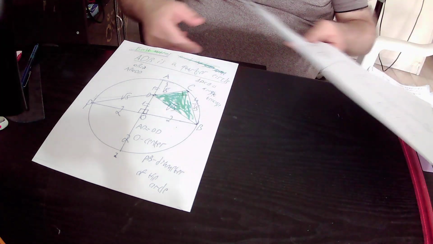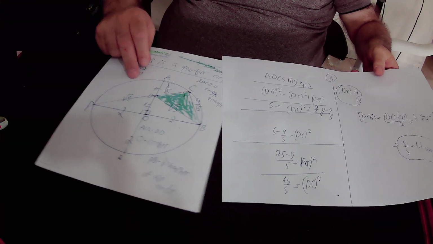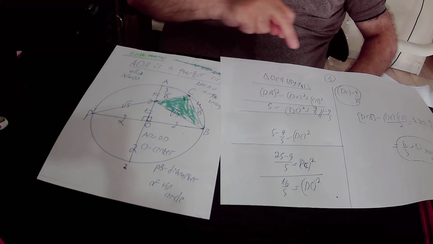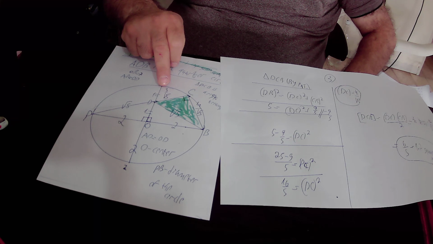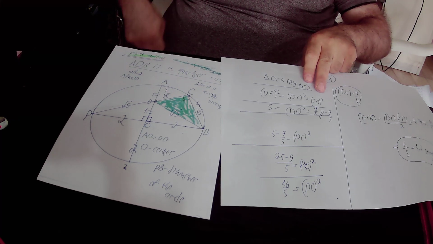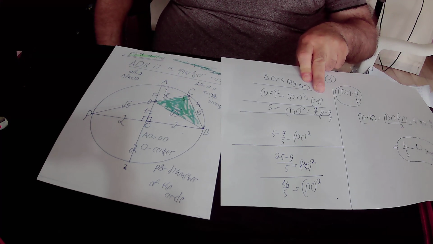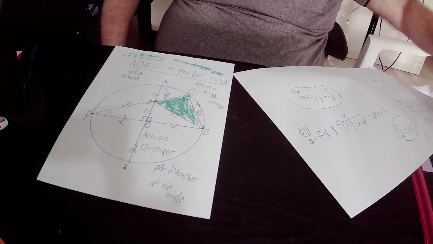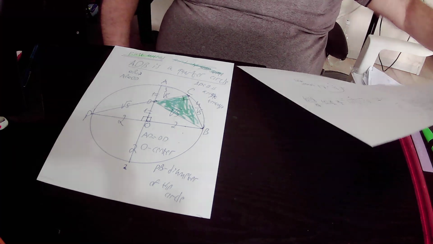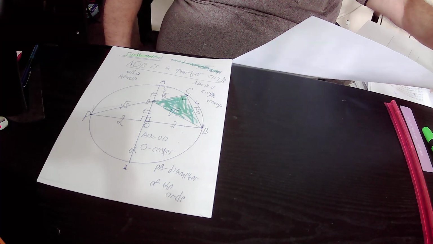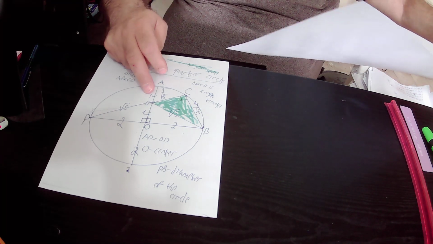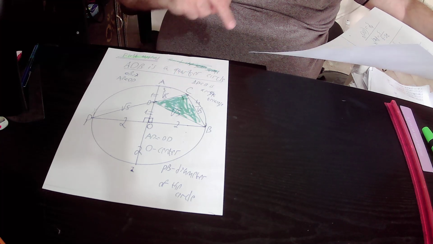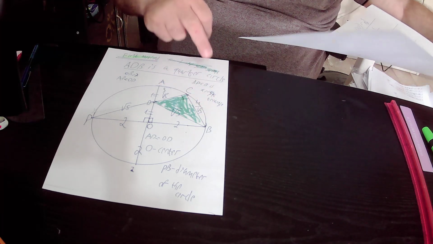No, it's actually DC square. Here we already found that DC is 3 over square root of 5, and the missing side is CB.